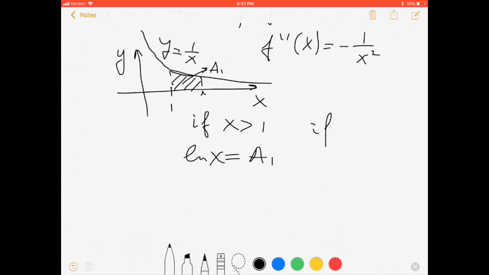If x is lower than 1 but still greater than 0, this means still positive, then I use a different color.